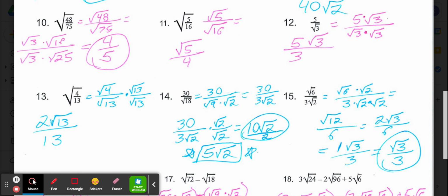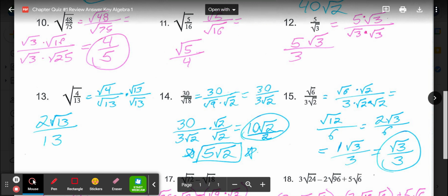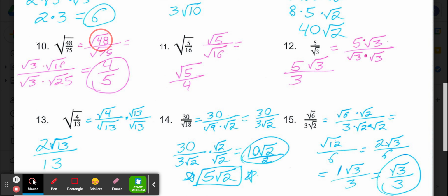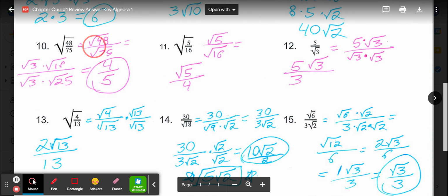Now on to number 10. We have the square root of 48 over 75. So we can separate the top and bottom, so it's the square root of 48 over the square root of 75. On top, we can take out the perfect square 16. So square root of 48 is the same as square root of 3 times square root of 16.